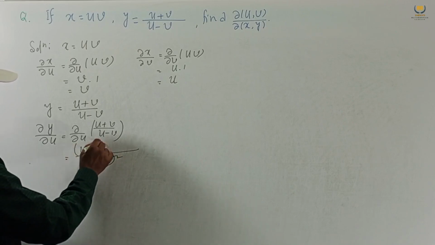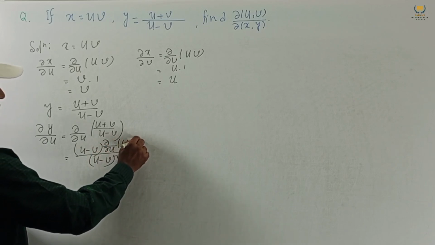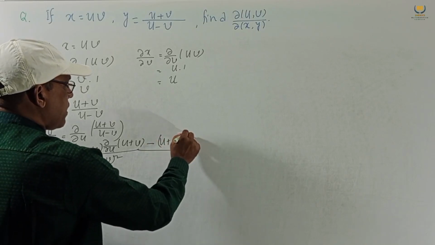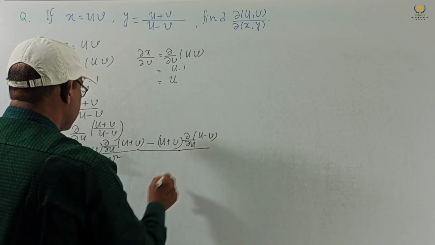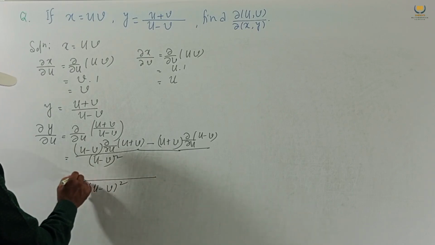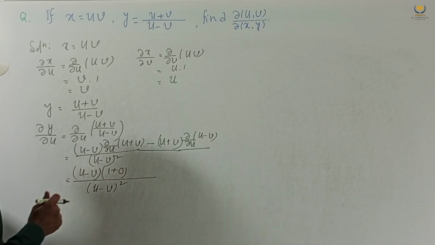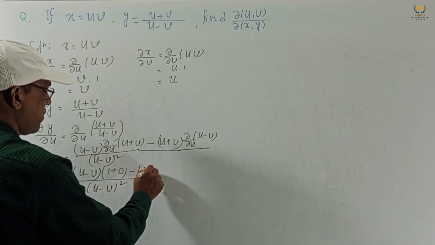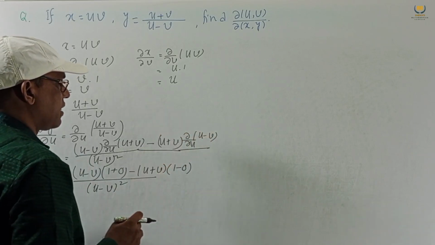Denominator times ∂u of numerator, minus numerator times ∂u of denominator, over denominator whole square. (u minus v) into (1 plus 0), ∂u of u is 1 and this is 0, minus (u plus v) into (1 minus 0), ∂u of u is 1, ∂u of v is 0.